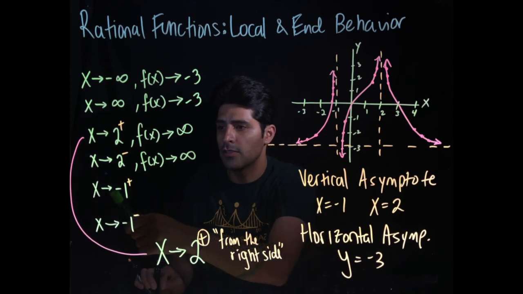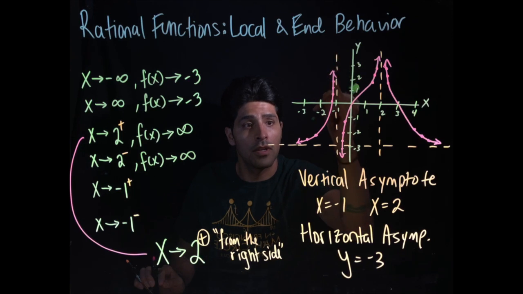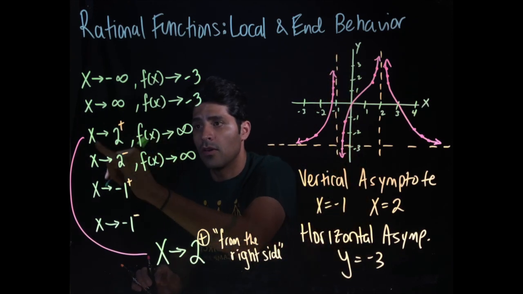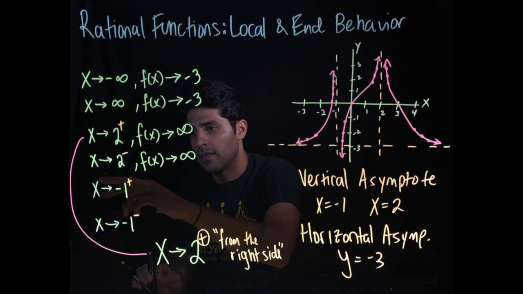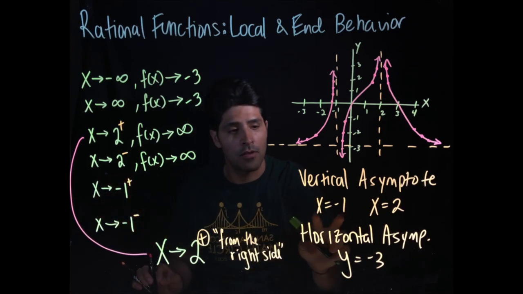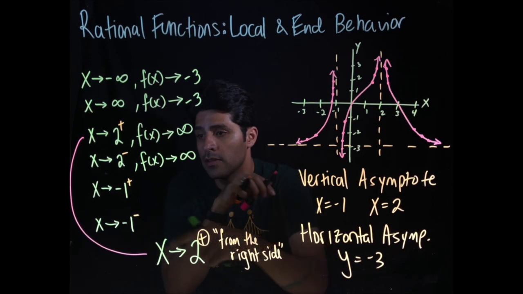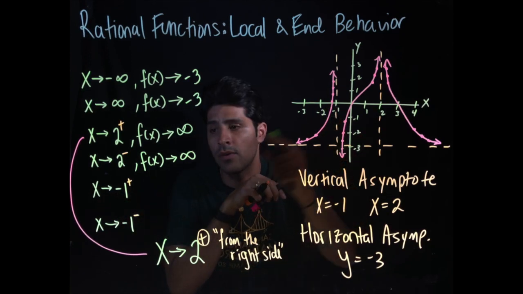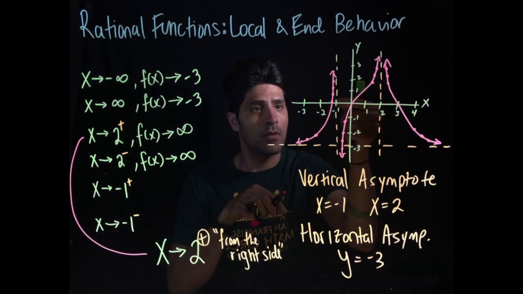Now let's take a look at this one here at negative 1. So now we're looking at this vertical asymptote. This one is analyzing the behavior as you approach this asymptote from either direction. So I want to approach negative 1, and I want to approach it from the right. I'm zooming in towards negative 1, but I'm coming from the right.